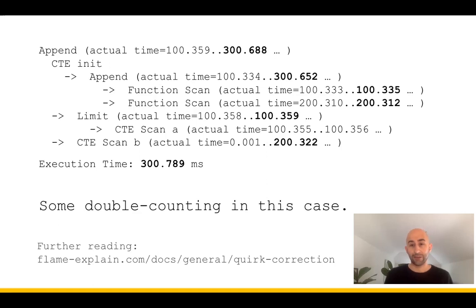So if you're seeing some weird timing stuff, it's worth checking in a second visualization tool. And yeah, if you want to know more about the CTE case in particular, I think that could be a talk in itself, or at least all of these kind of edge cases. Felix has done a really good write-up on his Flame Explain website under quirk correction.